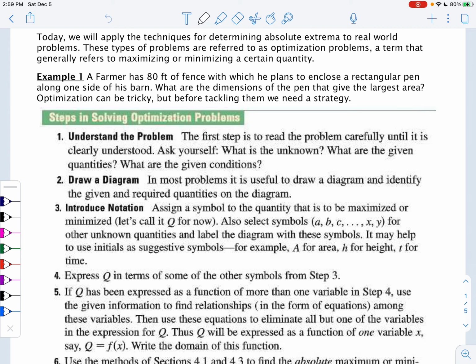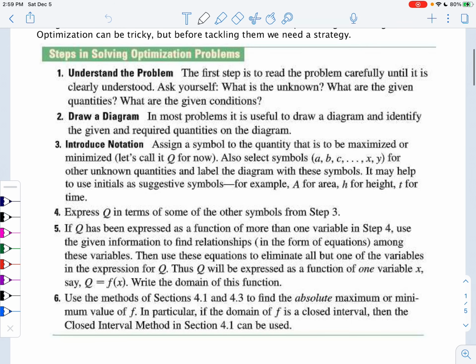But then you want to go back to the problem itself and see what other constraints you have. So in step 5 here, if Q is what we're calling the thing that we want to maximize or minimize, and it has been expressed as a function of more than one variable, then we use the given information in our problem to find a relationship, in other words, another equation that we can use to convert our Q into one variable, because this is calculus of a single variable.